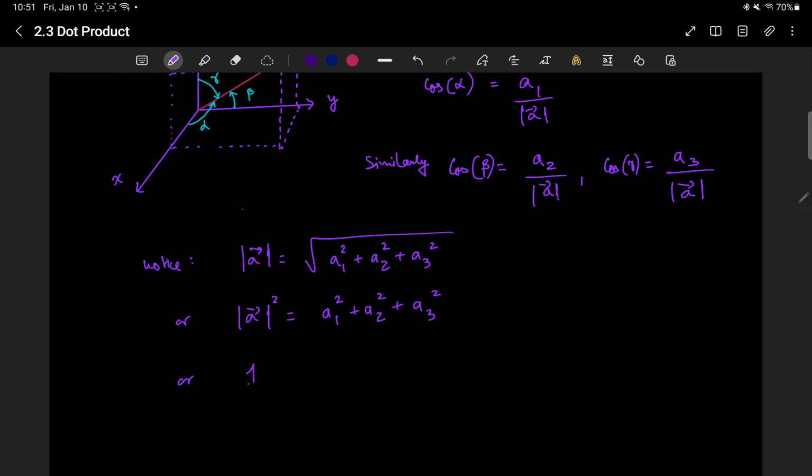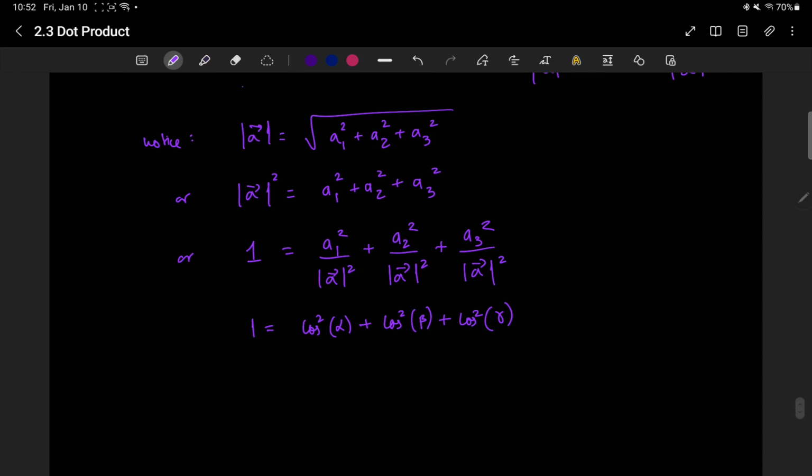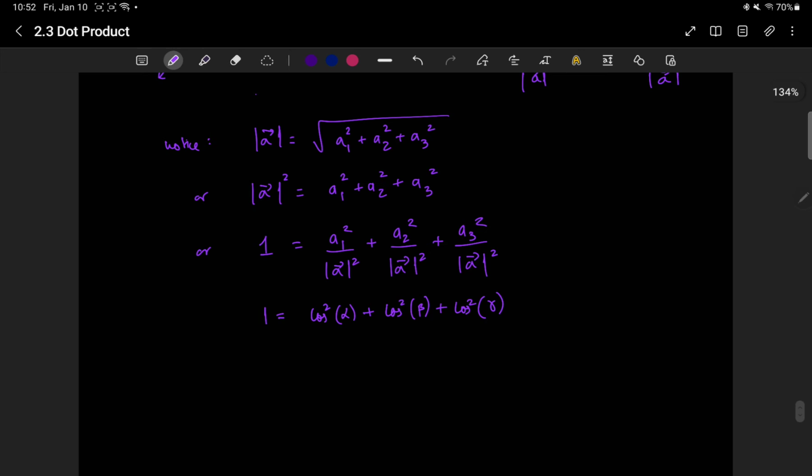Or 1 is A1 squared over magnitude of A squared plus A2 squared over magnitude of A squared plus A3 squared over magnitude of A squared. But we just found that these are actually just the cosines of the angles. So we get this nice relation here.